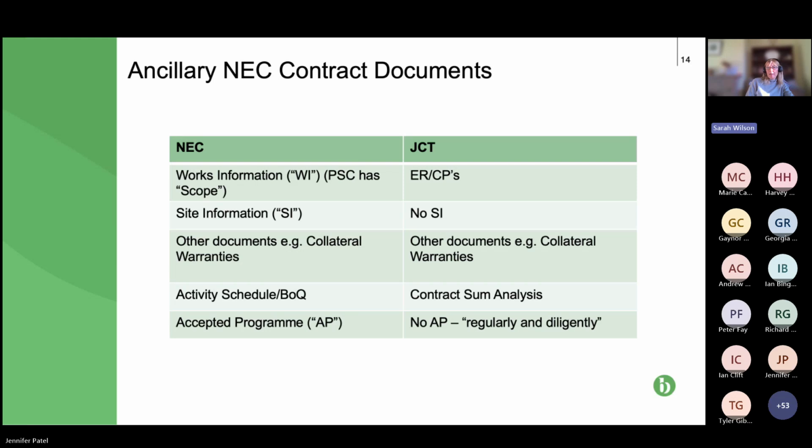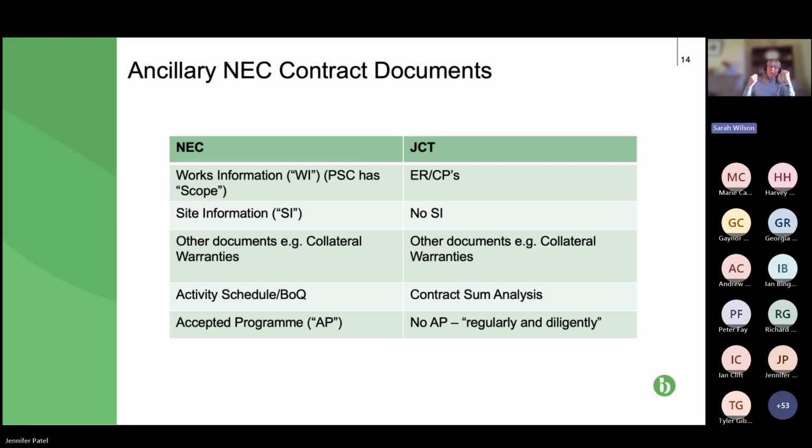if it experiences site conditions that don't marry up with the site information. Fairly limited, and what we tend to see is in the Z clauses that's excluded. So the risk is moved for all site information, all ground conditions to the contractor. In JCT, there is no site information and very little, if any, reference to site conditions, ground conditions.